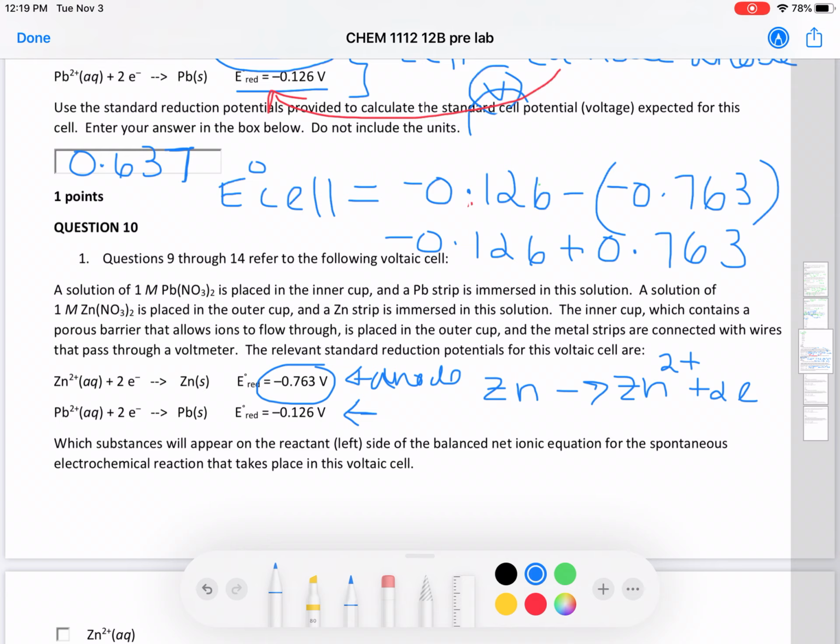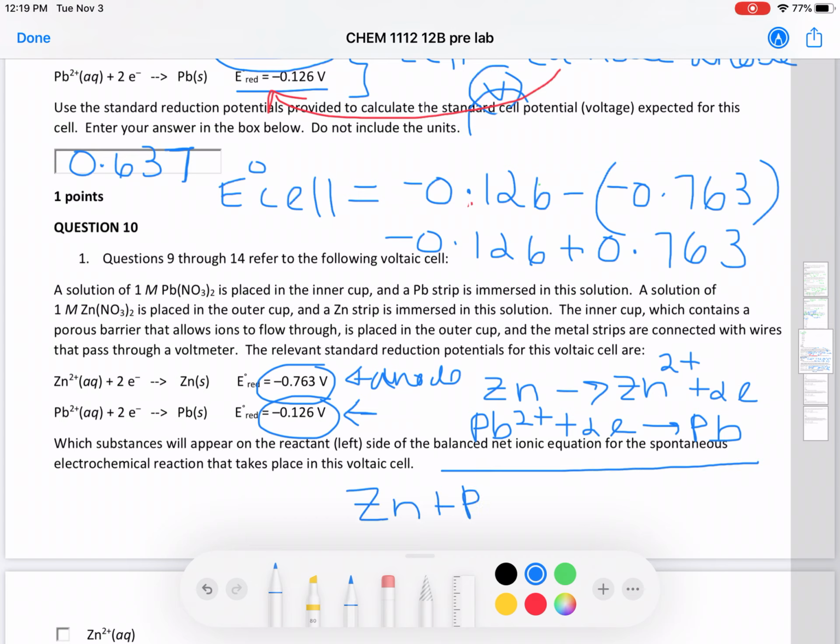And in the cathode where the reduction takes place, that's going to be Pb2 plus taking 2 electrons becoming Pb. The electrode potential is this one. So when you add the two together, your overall reaction is going to be zinc plus Pb2 plus, the 2 electrons cancel, becoming zinc 2 plus and lead.